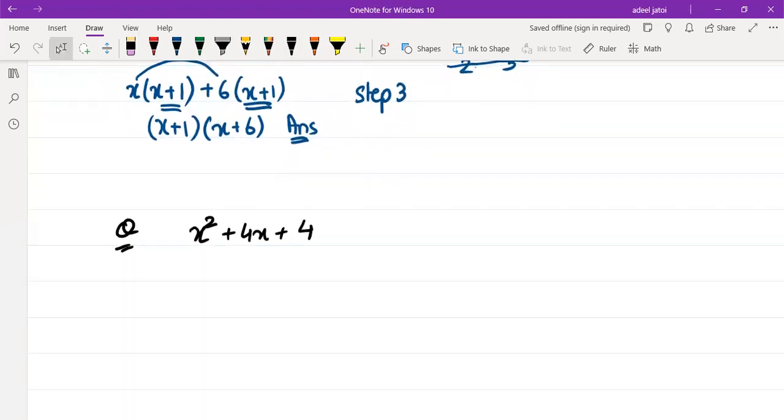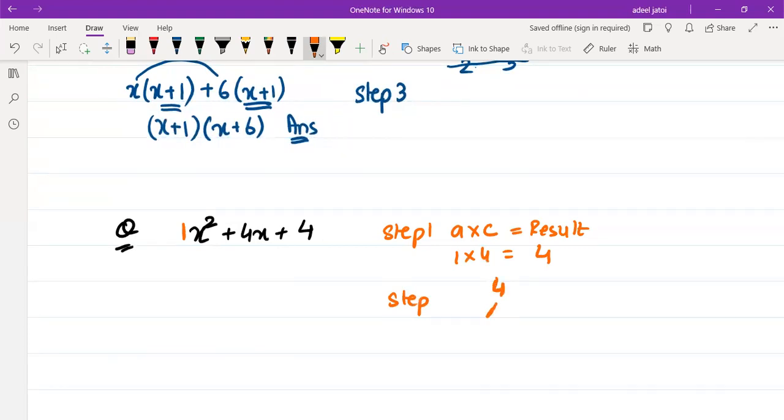As I said, your step 1 is a into c, right? You will get the result. Your a value is 1 and your c value is 4. So 1 into 4 will give you 4. Your step 2 is you need to find two numbers which multiply and give you 4.